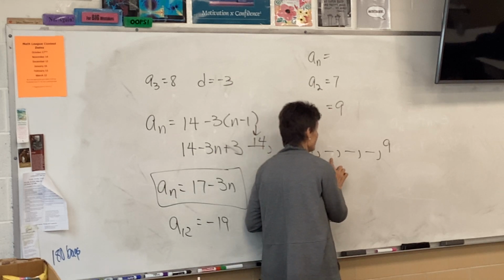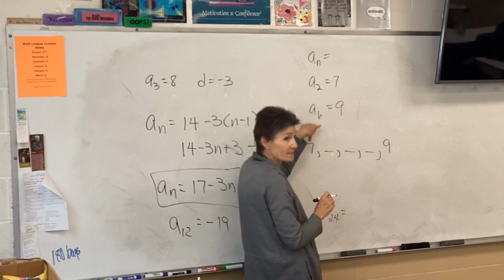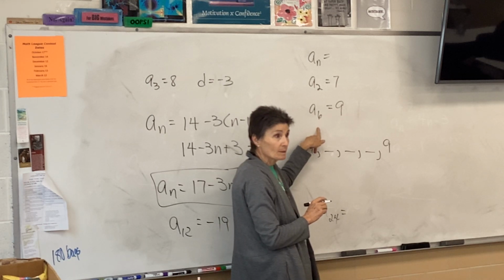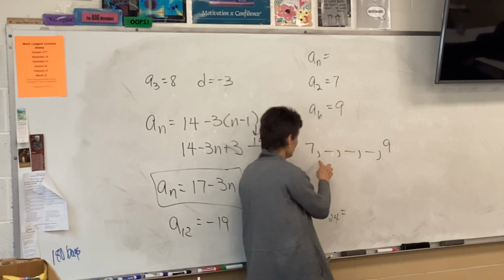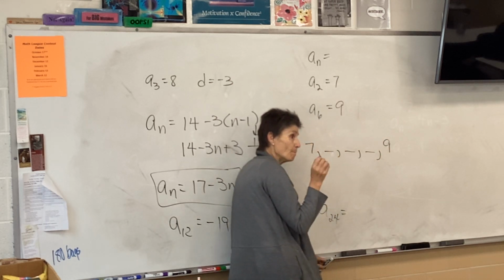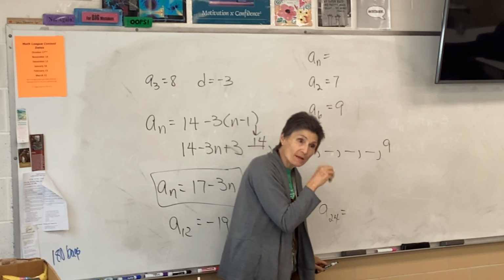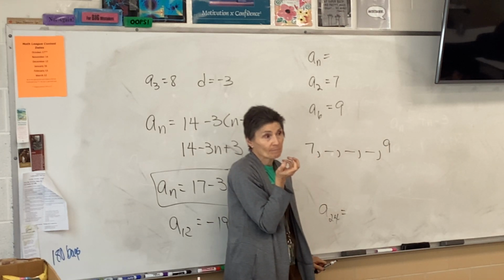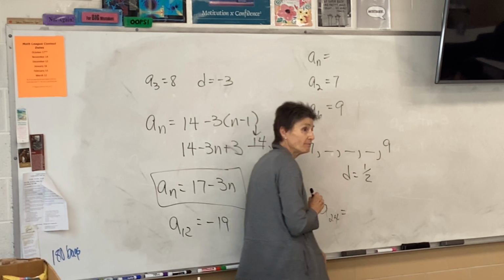And there's 1, 2, 3, 4 steps being taken to get from 2 to 6. So she said if the total distance covered is 7 to 9, but it's taking me 4 steps to get there, then each step is going to be how big? Half. So my common difference is a half.